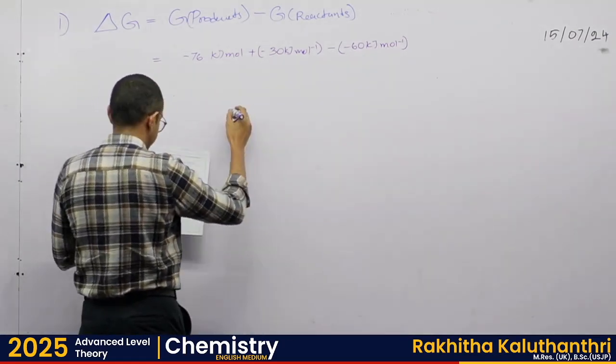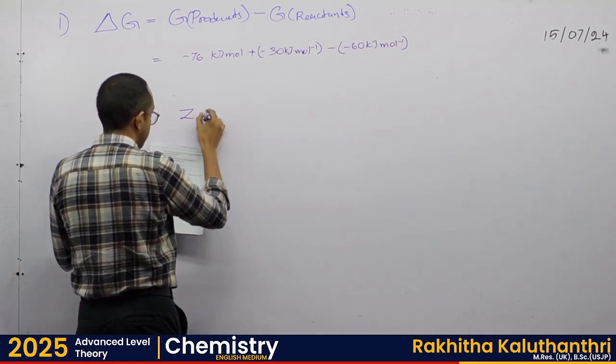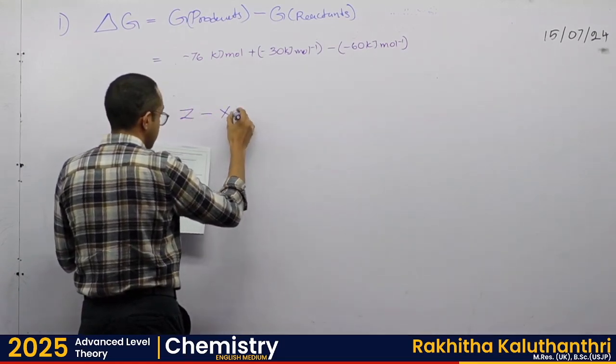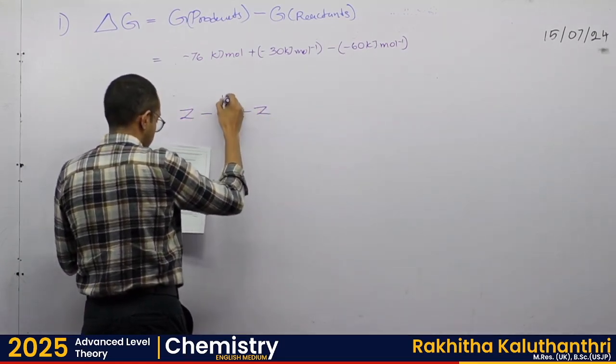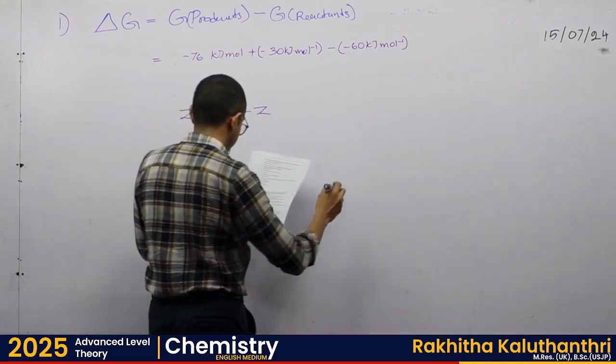So, we will see. We have this equation. I will write the compounds with the bonds itself so that it will be clear to you.